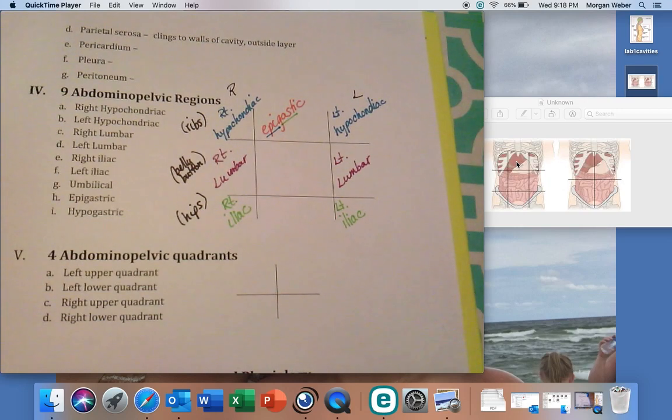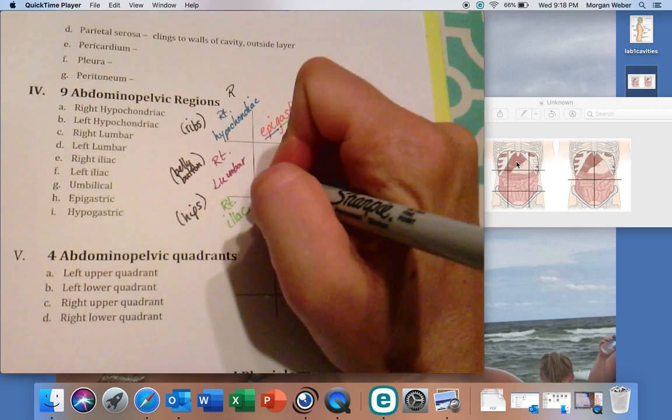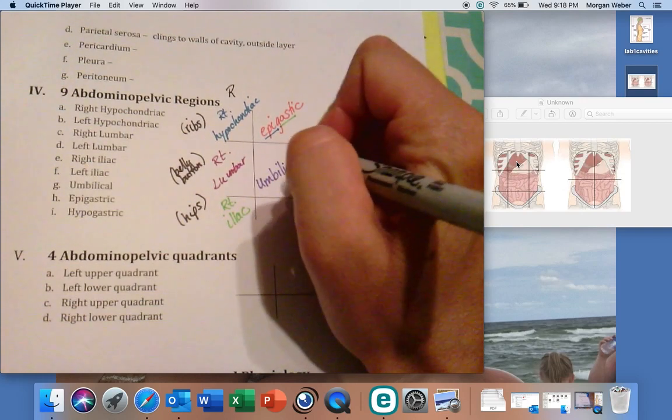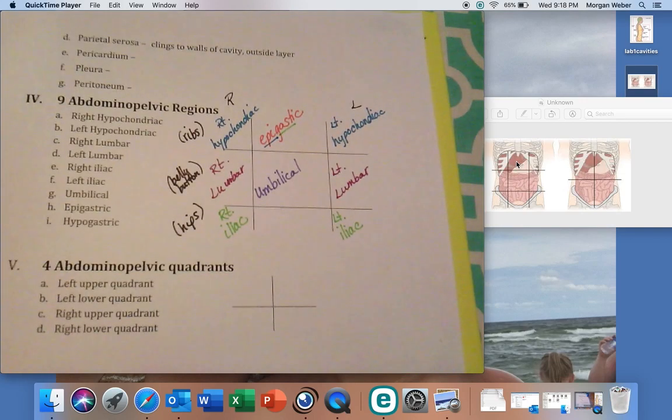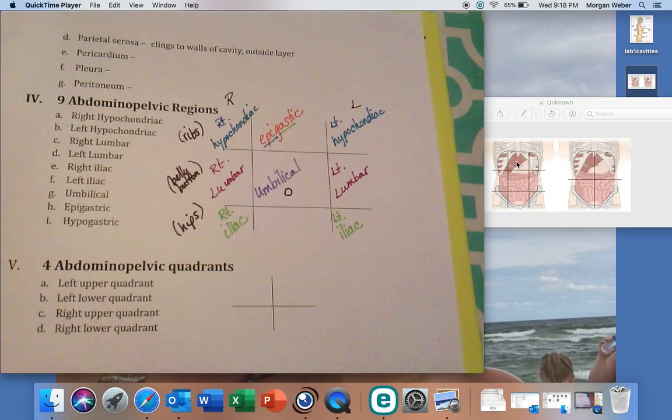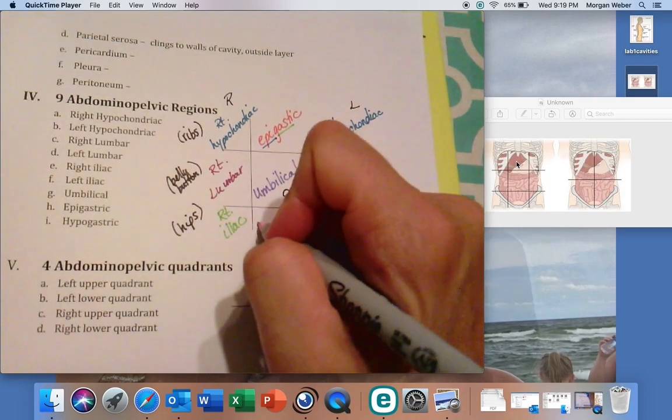Next one is umbilical. It is umbilical because my belly button would be right about there. Maybe a little higher, but close to there. And then the last one is hypogastric.